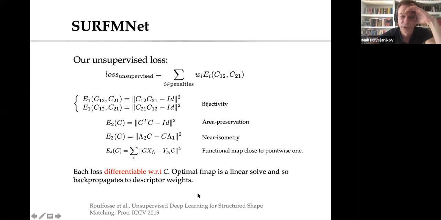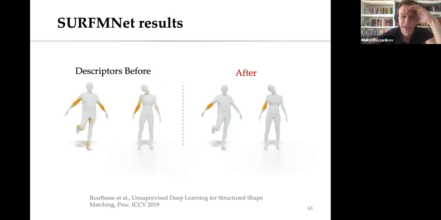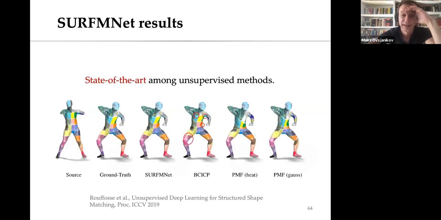And basically what we show is that all of these losses are differentiable with respect to C, and you can basically backpropagate to the weights of the descriptors. And so if you do this learning, you obtain some very high quality features, even though you don't have supervision. And so basically this obtains state-of-the-art results among unsupervised methods.